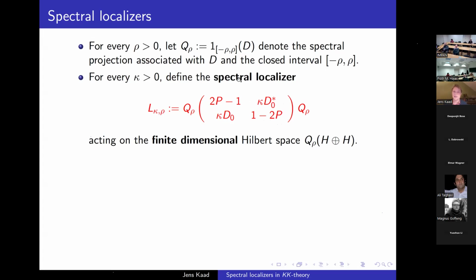So inside this 2 times 2 matrix is another self-adjoint unbounded operator. But then I compress it with the spectral projection Q rho from both sides. In this fashion, I get a bounded self-adjoint operator acting on this finite dimensional Hilbert space, which is the image of my spectral projection Q rho. So that's the definition of the spectral localizer, and it only depends on the part of the spectrum of capital D which belongs to this closed interval from minus rho to rho.